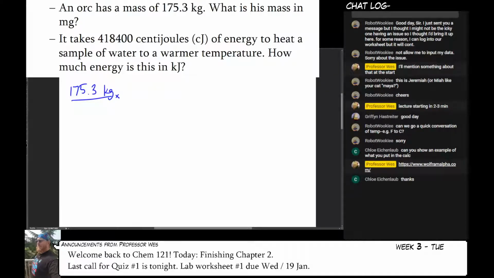So let's do that. Right over here, 1 kilogram is 10 to the 3 grams, and 1 milligram is 10 to the minus 3 grams. And that should be a G up there.